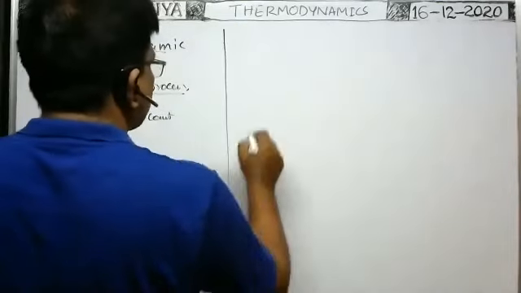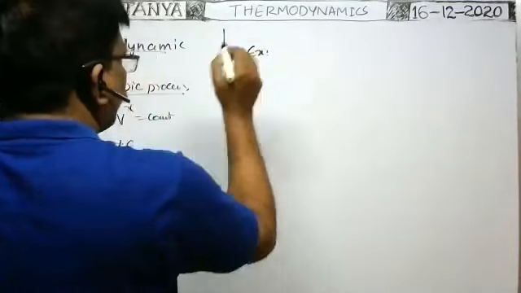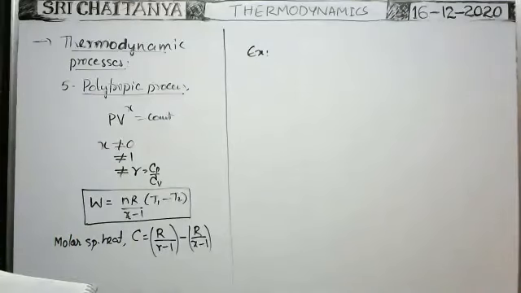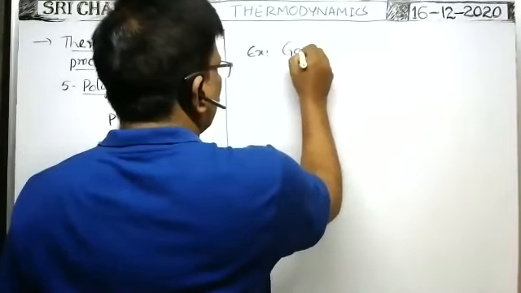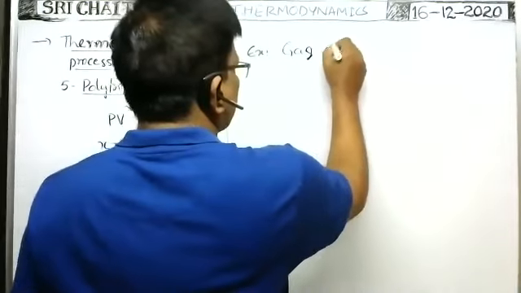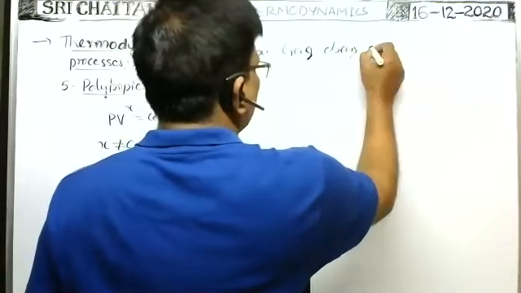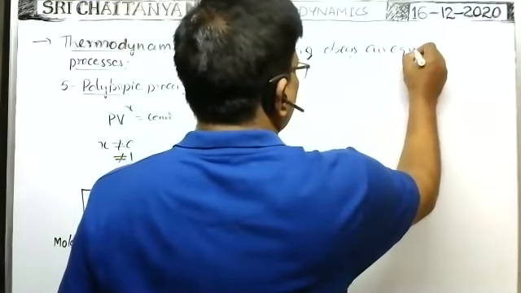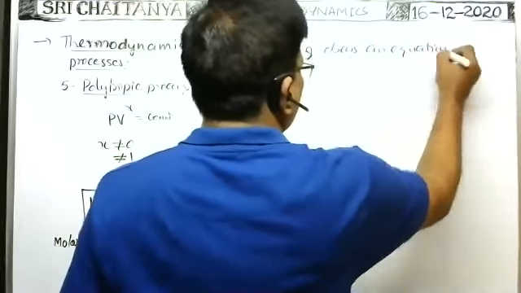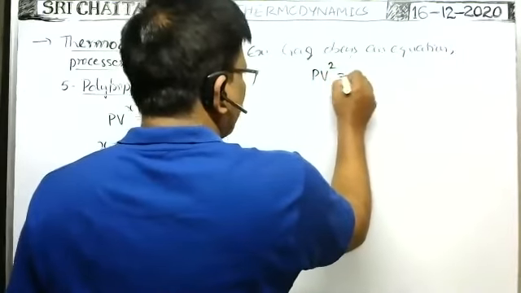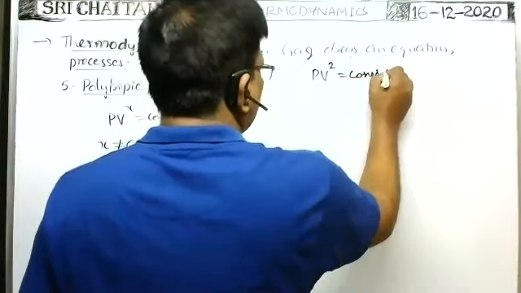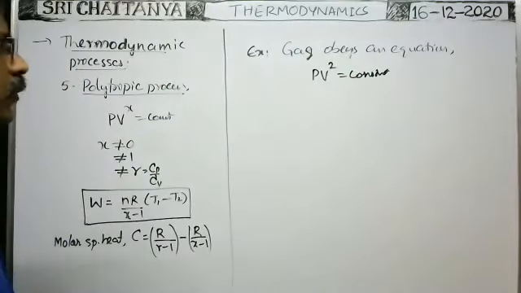One example I want to discuss. Suppose the gas obeys an equation, PV to the power of 2 is equal to constant.